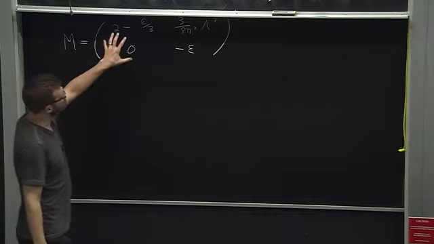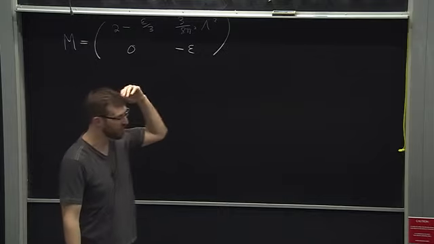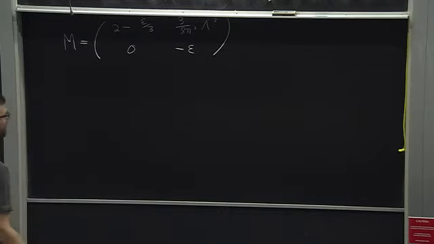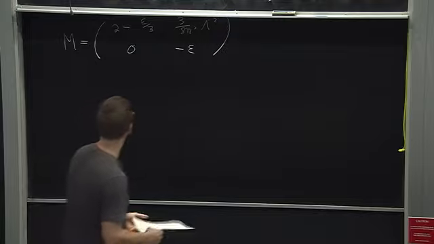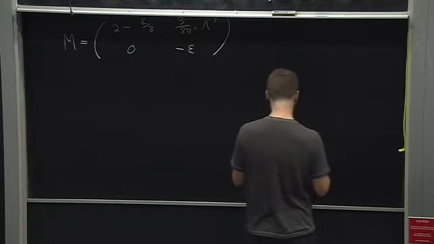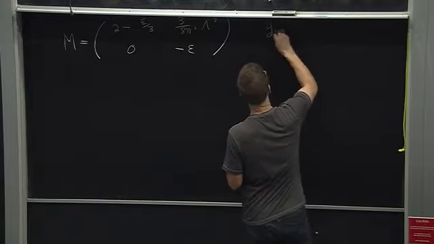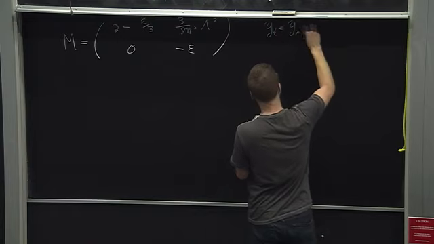So this is the eigenvalue associated with, I guess, the R direction, or the reduced temperature, and minus epsilon for the U.